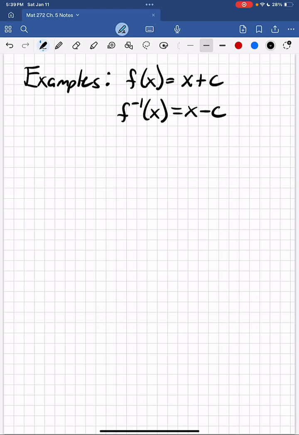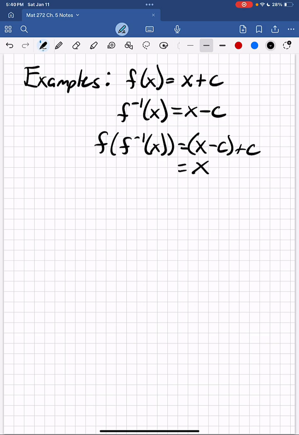Because if I plug x minus c into the function x plus c, I have x minus c plus c. Well, of course, minus c plus c just leaves me with x. So that's an example of an inverse.